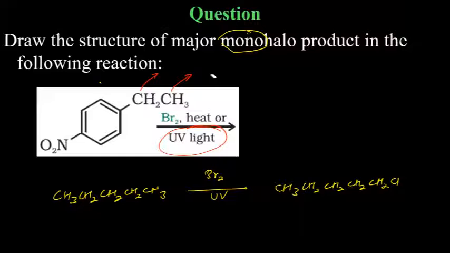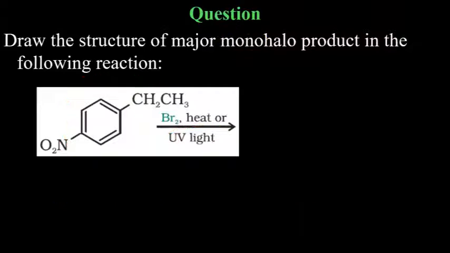Now there are two carbons, 1 and 2. On which carbon will bromine get attached? For this, we need to understand the nature of benzene ring. Benzene ring is actually an electron withdrawing group. This is something you learned in 11th grade.